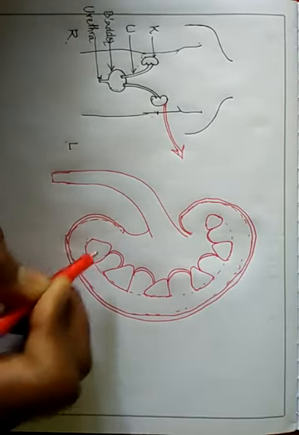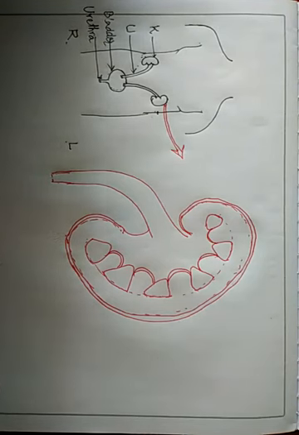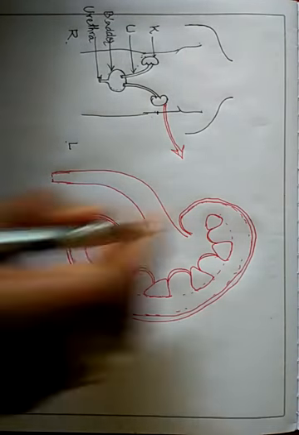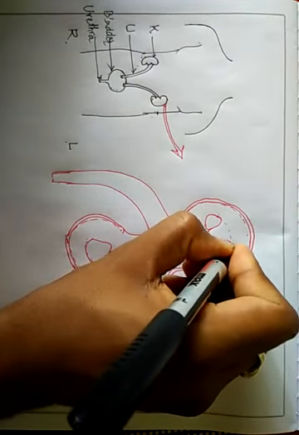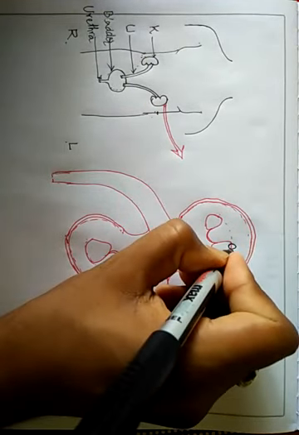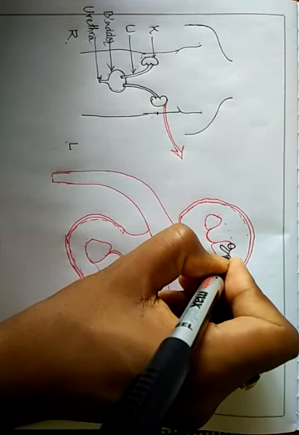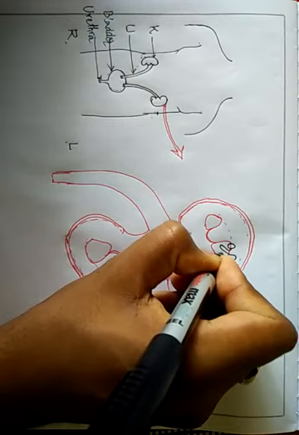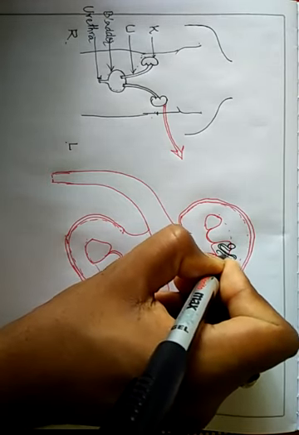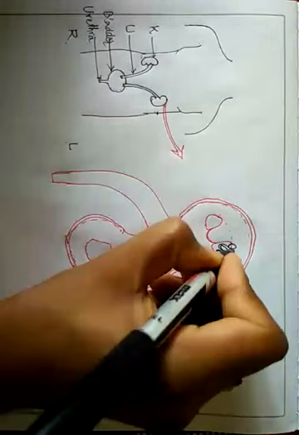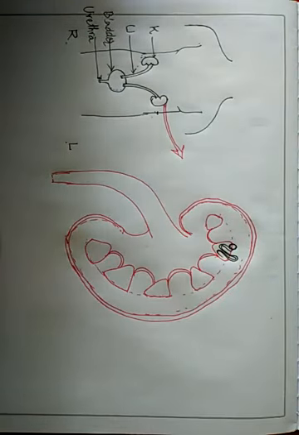Now those who have read about the kidneys already, one question may come in their mind: where the nephrons are situated. Definitely, where the nephrons are situated. So you can see the nephrons are situated here. You can see here. This is the tubule part of the nephron. This is the tubular part of the nephron, and this circular structure is the Bowman's capsule where blood is filtered, isn't it?